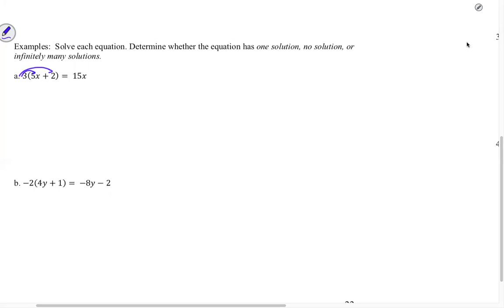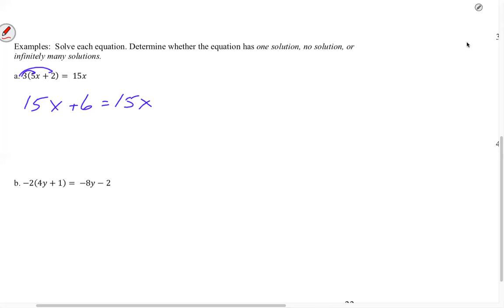All right, so A, we're going to distribute the 3. So we have 15x plus 6 equals 15x. Now, some of you are looking at this and you're like, well, of course that's no solution. I have 15x plus a number, and I just have 15x on the other side.